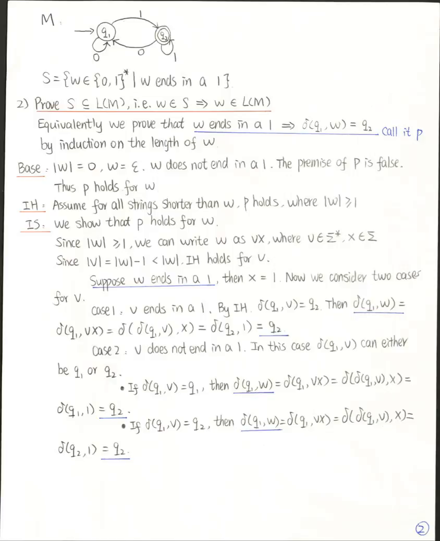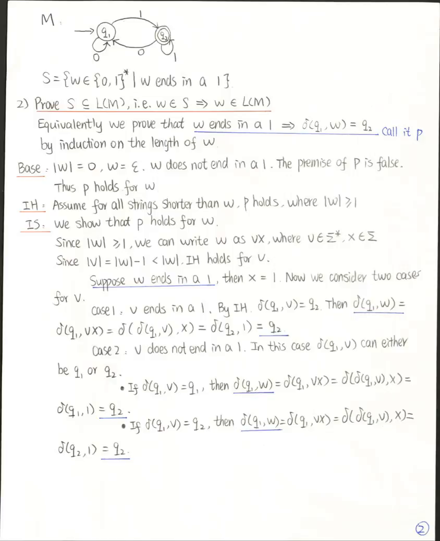This is equal to I read V first, and from where the machine ends on V, I'll read another symbol X. The machine ends in Q2 after reading V. So starting from Q2, reading the symbol X, X is equal to 1, right? So the machine will end in Q2. So by this, we have shown that if W ends in a 1, then starting from Q1, reading this W, the machine ends in Q2. So P holds for W in this case.